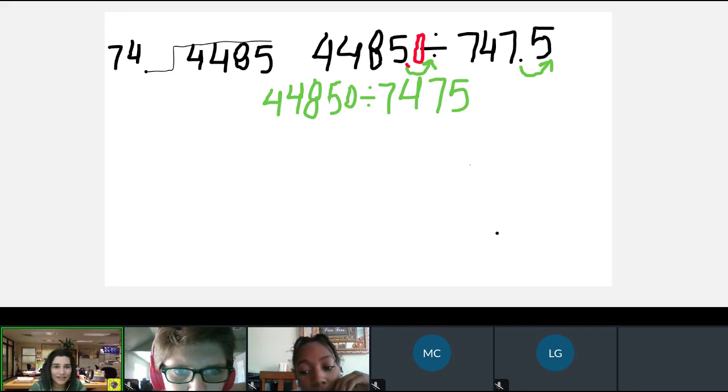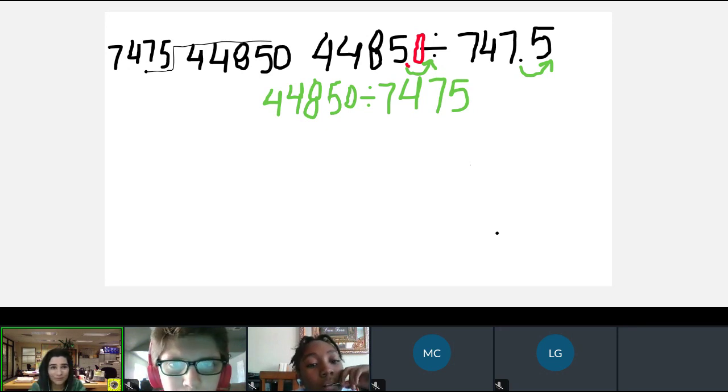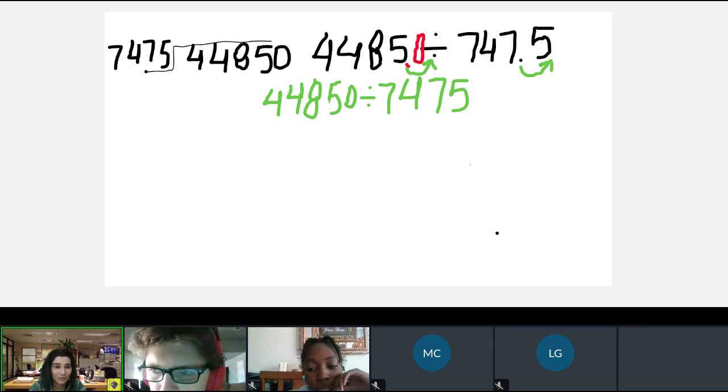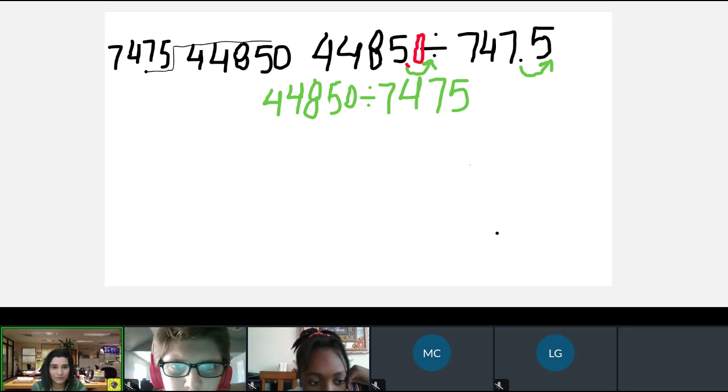So here I will add a 0, and the divisor I will write down without a decimal point. I will clean up my slides, and that gives you some amount of time to tell me multiples of this really long number. Tell me multiples of 7,475. Go ahead, people.